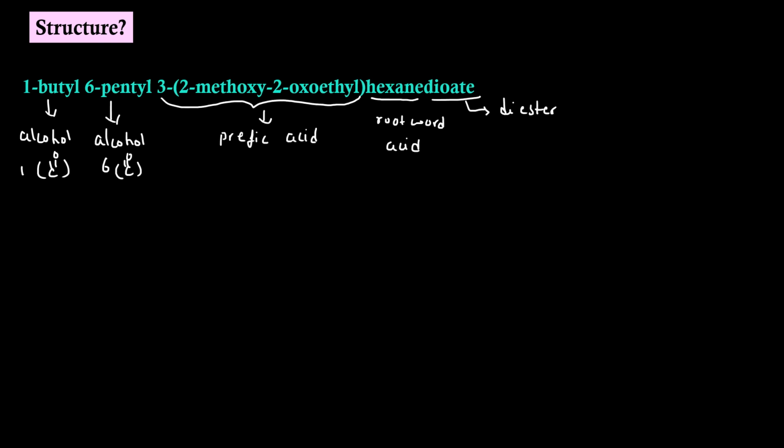With this, if we try to write the structure, first hexane, 6 carbons: 1, 2, 3, 4, 5, 6. Let us number it. Now dioate indicates the ester.